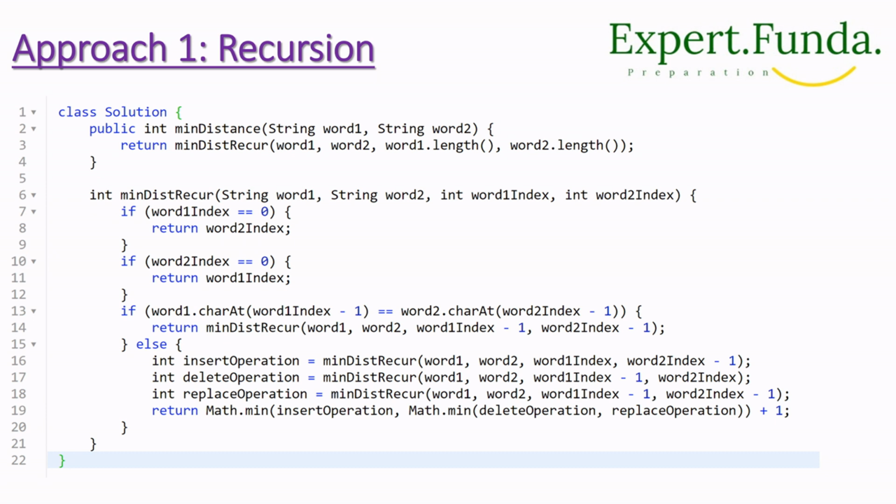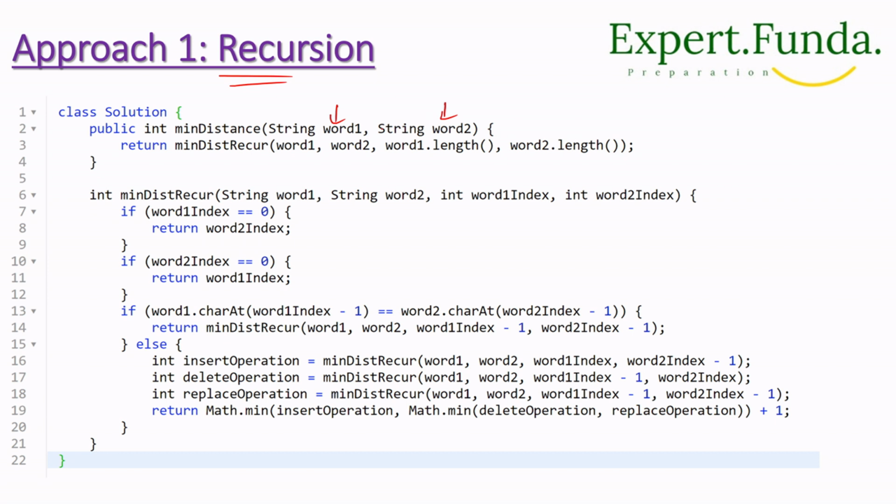Now, if we are going to use approach one, that is the recursion approach, what we will do is first identify the ground rules. Two strings, word1 and word2, are given.